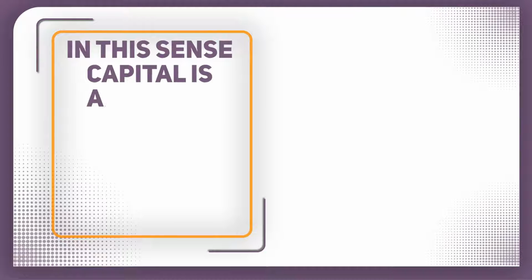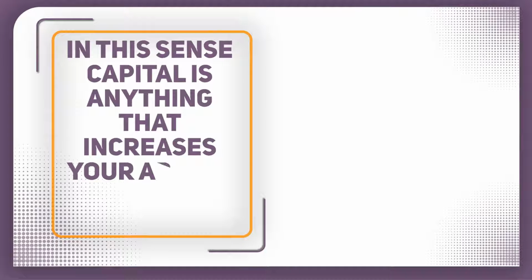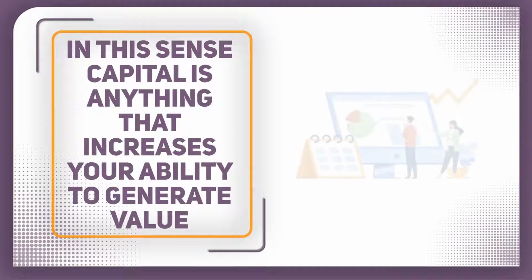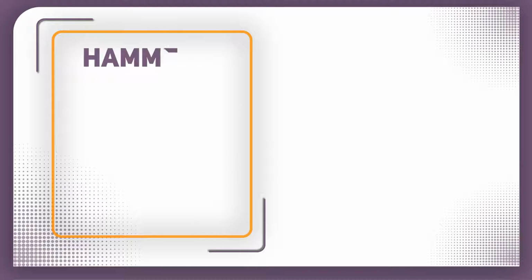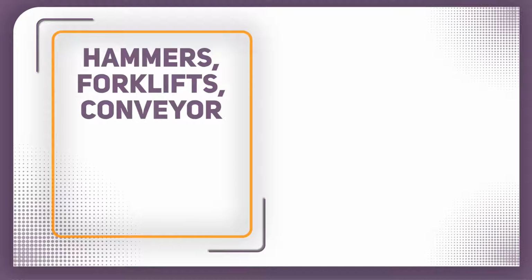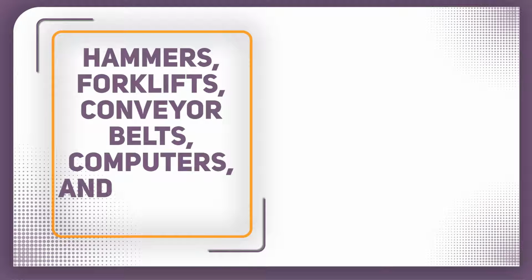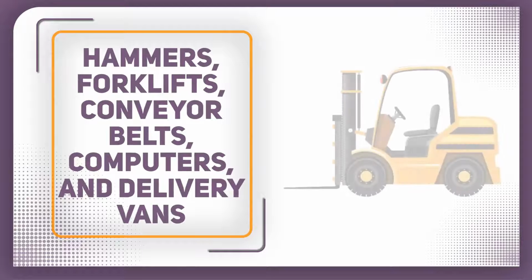In this sense, capital is anything that increases your ability to generate value. So think of capital as the machinery, tools and buildings that are used by humans to produce goods and provide services. Some common examples of capital include hammers, forklifts, conveyor belts, computers and delivery vans.